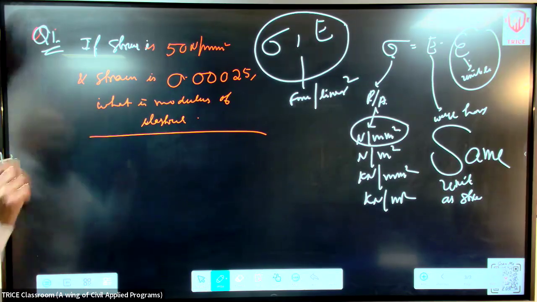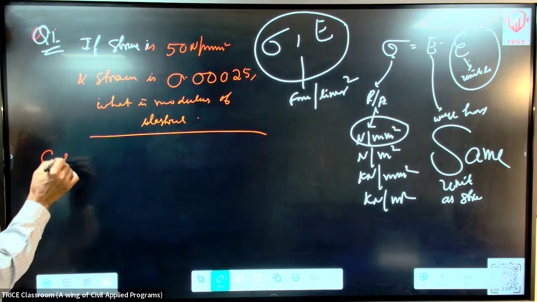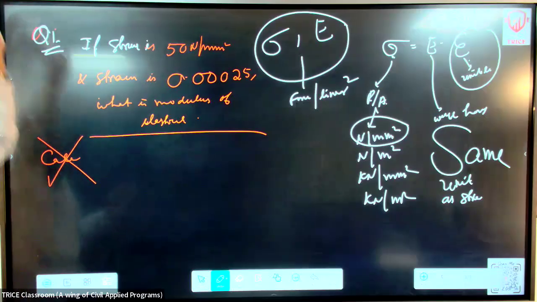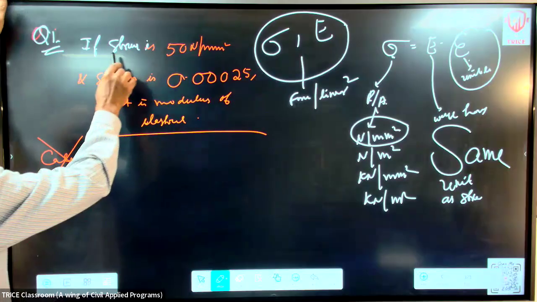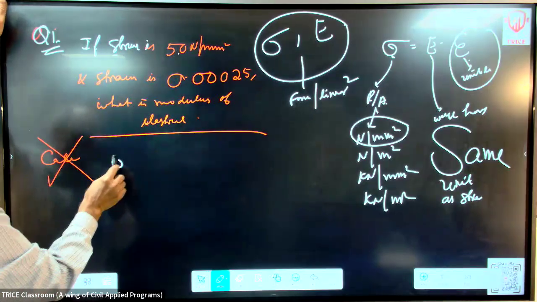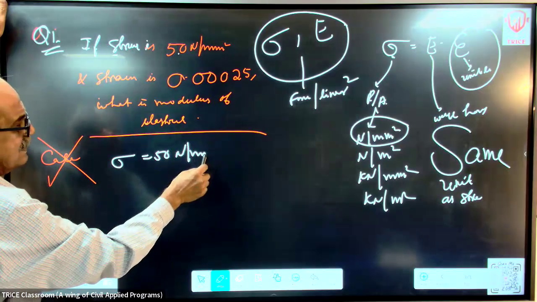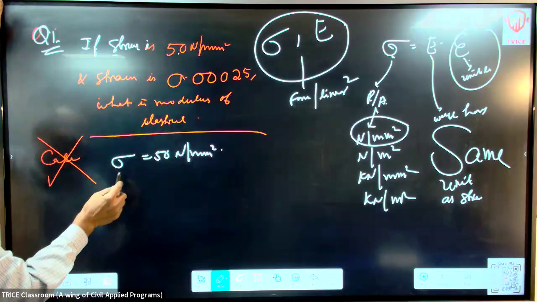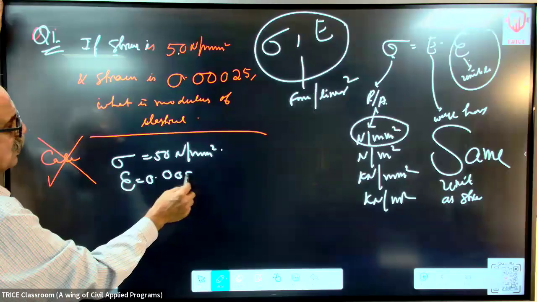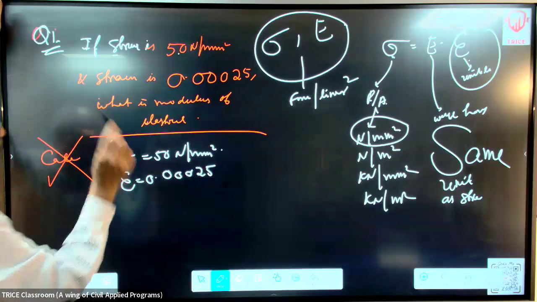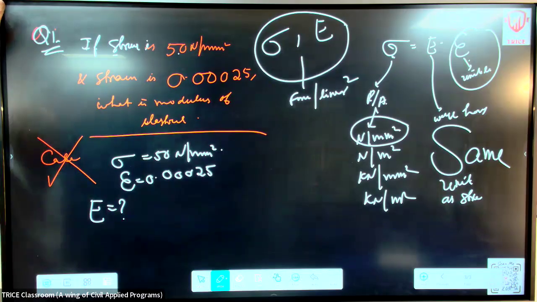Okay. What is the elastic modulus? Imagine today the calculator is not allowed. Start the solution. Stress is 50 Newton per mm square. Then strain epsilon equals 0.0025, no unit. The question is, what is E?